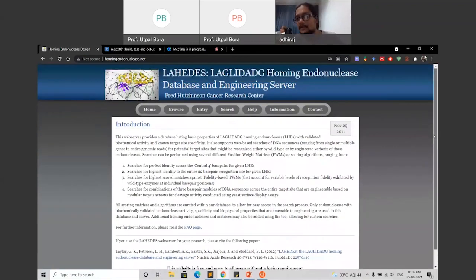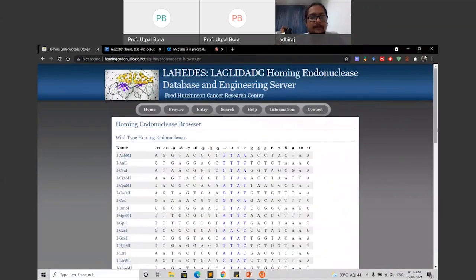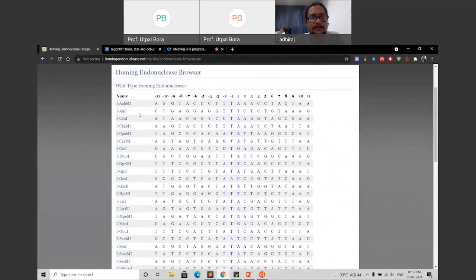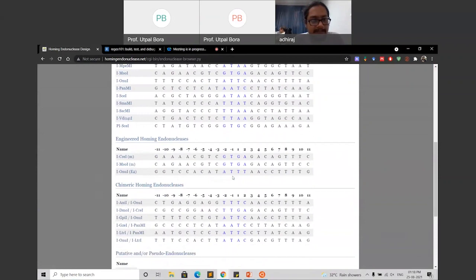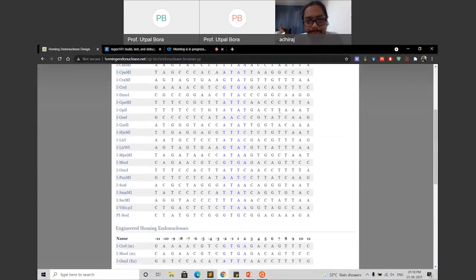In the homing endonuclease browser, you'll find the target sequences along with the four central nucleotide sequences, and these are the wild type HEs. When you scroll down, you'll find the engineered HEs that we just discussed, and then the chimeric homing nucleases, which we also discussed. So we have discussed all three parts of it.